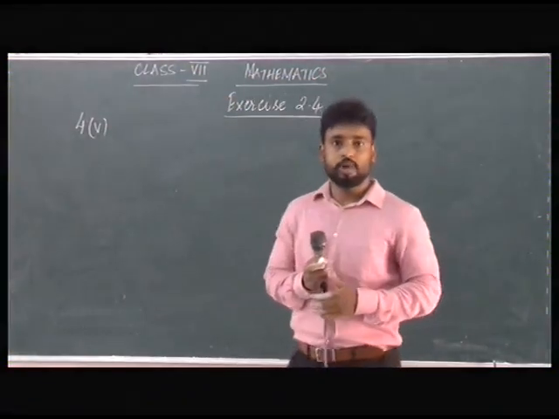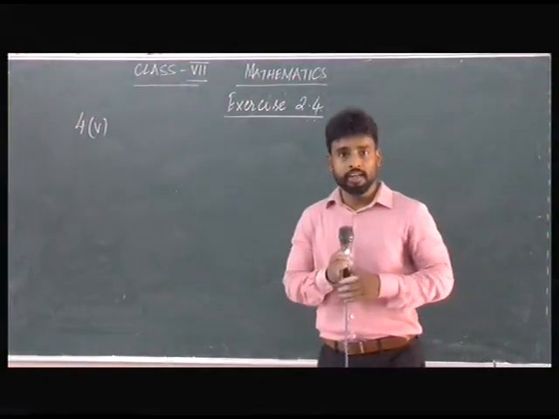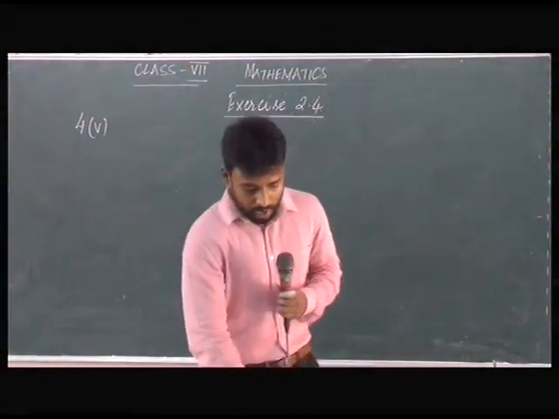So let's come to the next problem. I hope you are following it and you are able to understand all the sums which have been done on the board. We have 5 1 by 2.